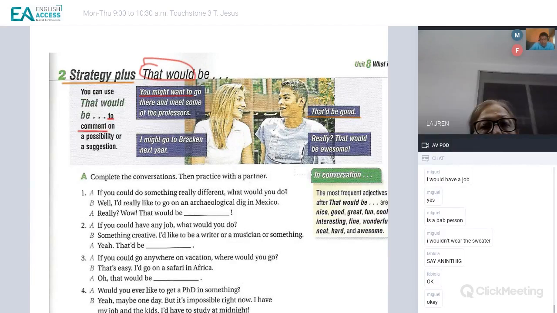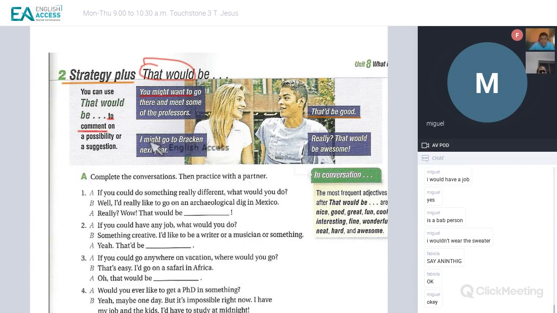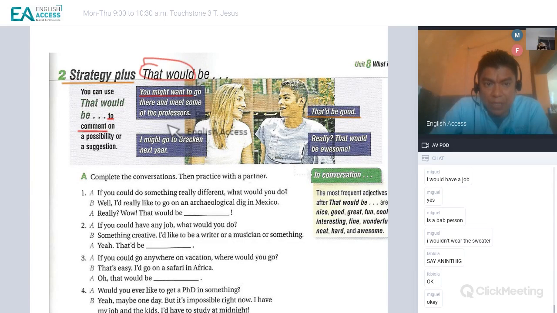Okay, and then she says, I might go to Bracken next year. This is not a conversation strategy. This is just a comment. She is sharing information with him, and he likes this idea. So what does he say? He says, that would be awesome. That means he likes this idea. He's happy with this information.